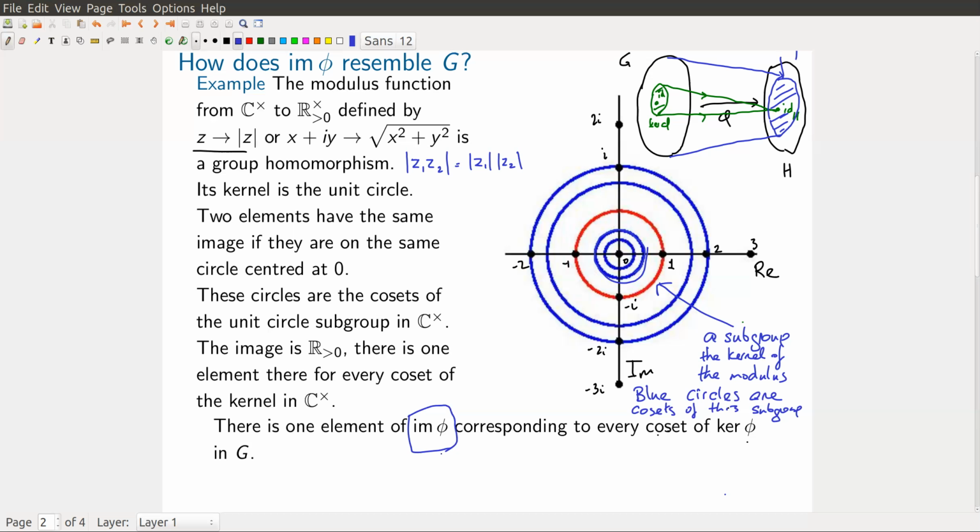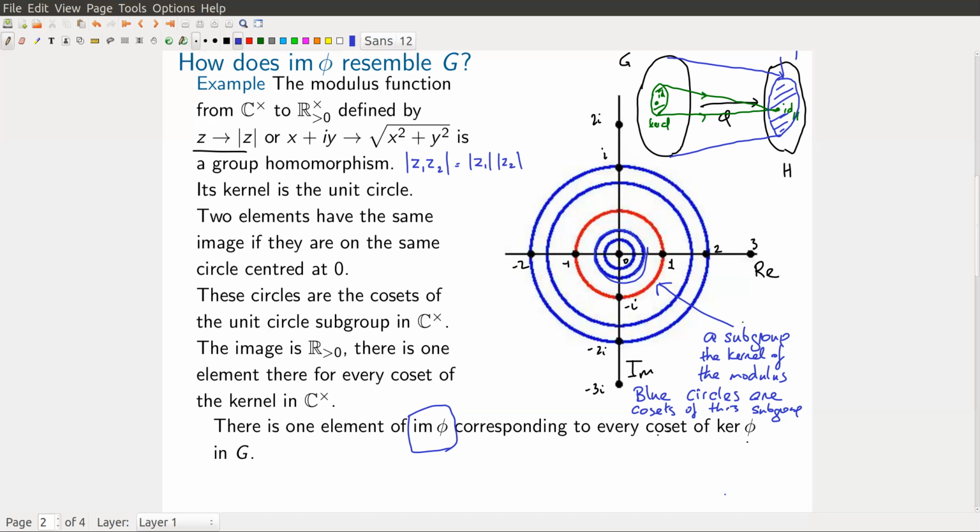The real number 1 corresponds to the kernel, which is this red circle, and all the other positive real numbers in the image of the modulus function correspond exactly to the various cosets of that unit circle in the complex plane. So we have this correspondence between elements of the image and cosets of the kernel in the domain group.